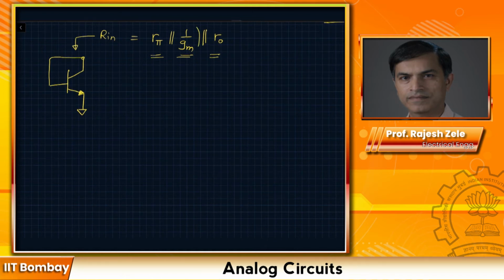It's going to be dominatingly 1 over GM, because R pi is beta over GM, so it's 100 times larger. And R out, we already know for a bipolar transistor, is quite large. Just by looking at this circuit, you should be able to tell that this Rin is going to be equal to 1 over GM. This is our quick first order approximation.